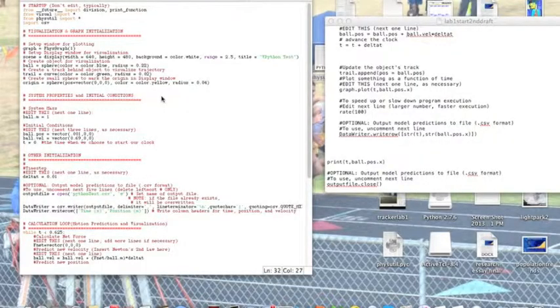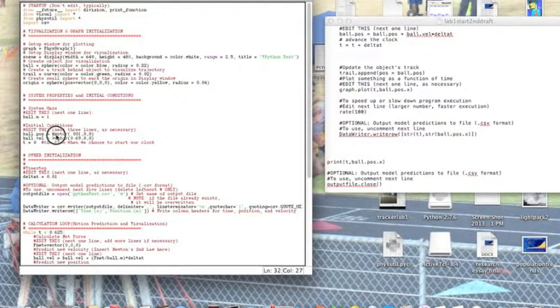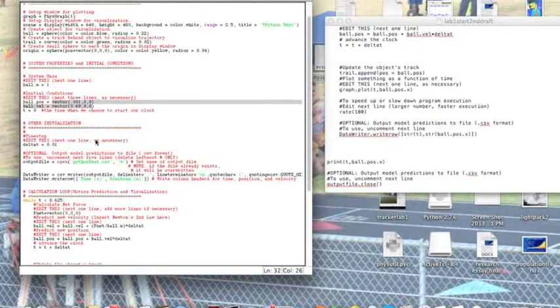Here's the code that was used in VPython to get the computational model with the predicted position versus time of a ball. The updates that were made were the ball's initial velocity and position, which were taken from the actual real-life observations from the Tracker video.